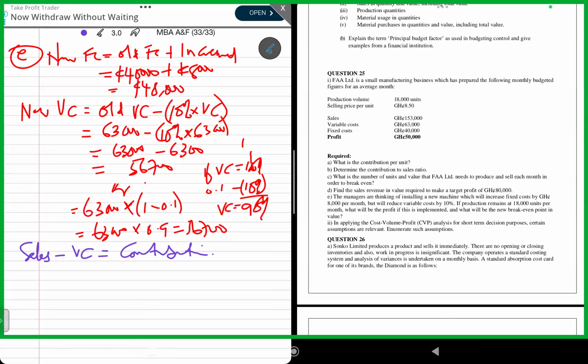What is the sales value? 153,000. What is the new variable cost? 5,600. Let's try and see. What will be the figure?